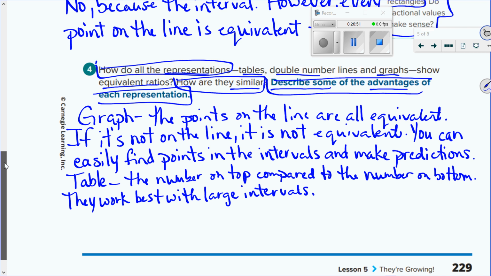Okay, then our last one was the double number lines. How do they show the ratio? Guys, how do the double number lines show the ratios? RJ?